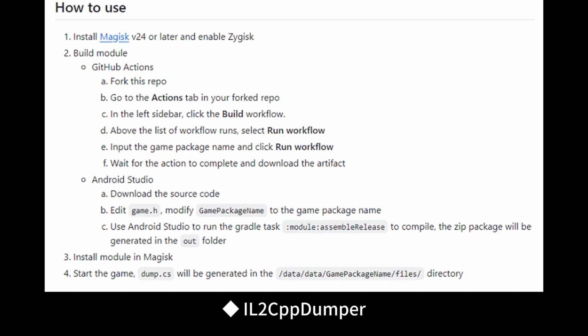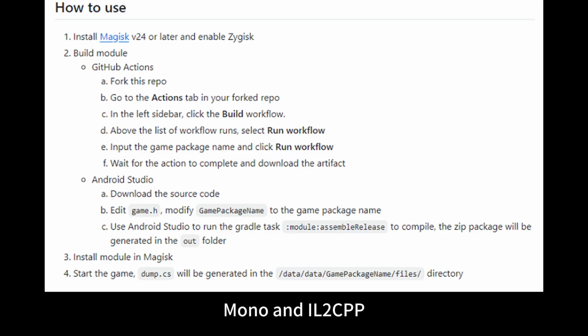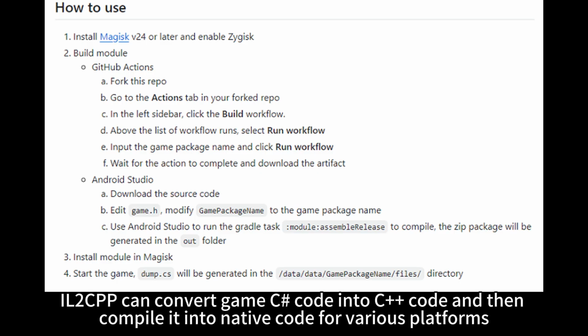Il2CppDumper. As is well known, the Unity engine has two script compilers, Mono and Il2Cpp. Il2Cpp can convert game C# code into C++ code and then compile it into native code for various platforms.